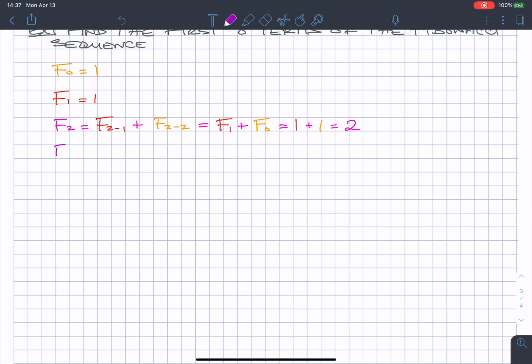Okay, so moving on. So now what is the third Fibonacci number? Well, that will be f sub 3 minus 1 plus f sub 3 minus 2. So what does that give us?